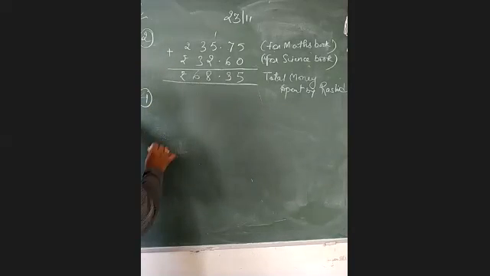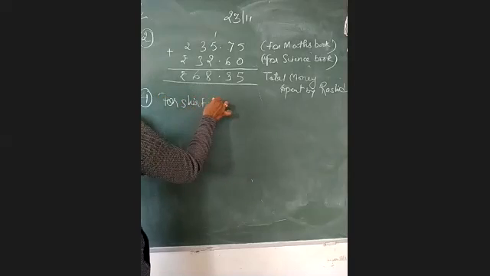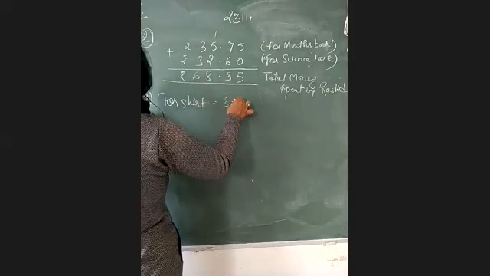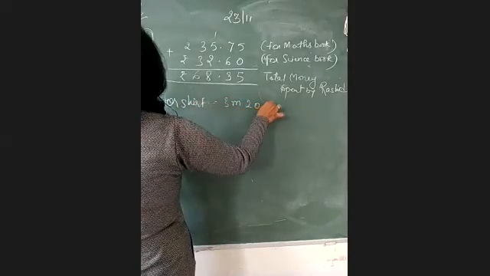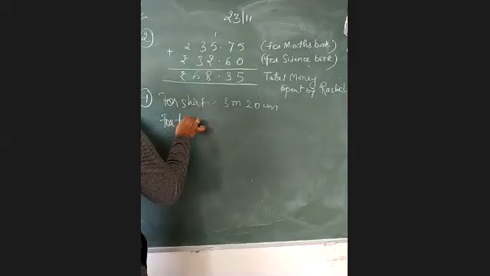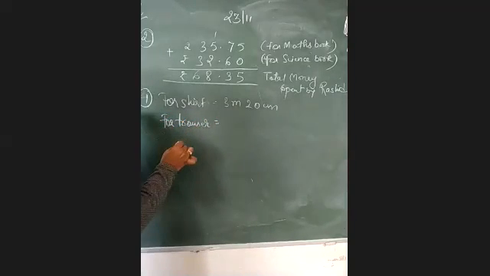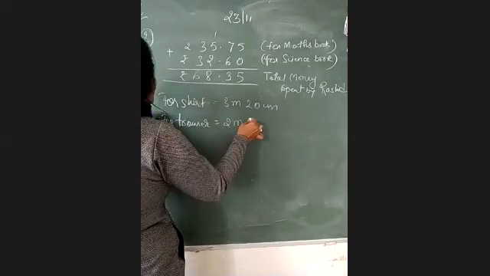So for shirt the material given here is 3 meter 20 centimeter, and for trouser it is 2 meter 5 centimeter.